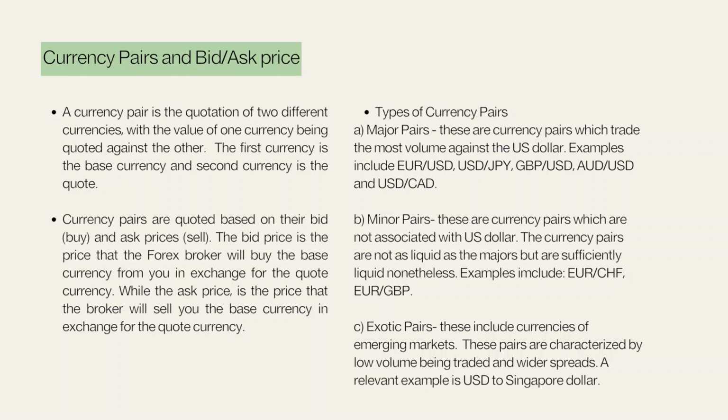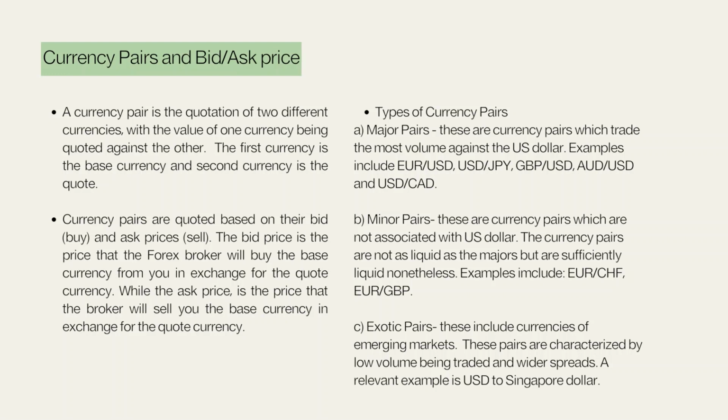However, exotic currency pairs include currencies from emerging markets. These pairs are not as liquid, and the spread tends to be wider as compared to the other currency pairs. A spread is the difference between a forex broker's sell rate and buy rate when trading currencies with them.